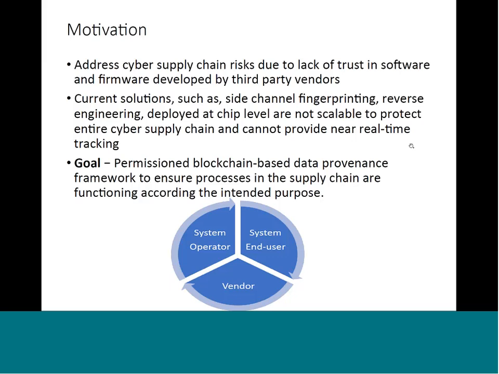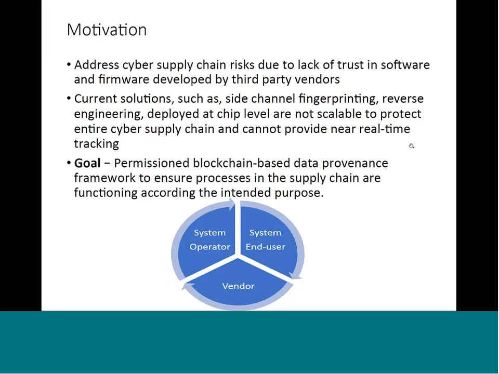We took some of those inputs from our collaborators to find out what solution would provide this assured provenance in a scalable fashion. And finally, and this is the key piece, when the provenance is violated, can you get near real-time tracking?